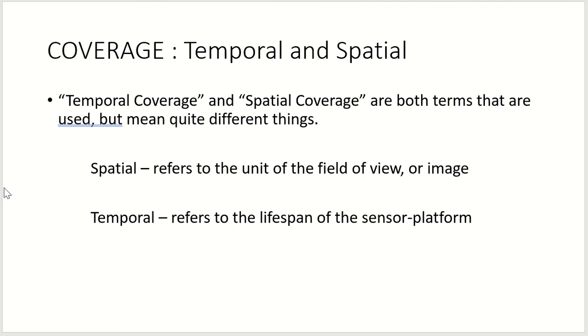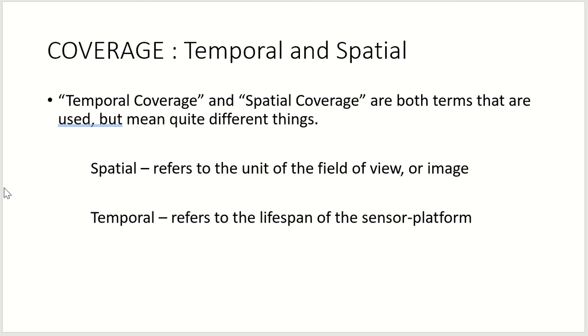We've seen with geostationary satellites that have an orbit that is in sync with the rotation of the Earth, those sensors are always capturing data from the same location on Earth. Other sensors that have a polar orbit are not necessarily capturing data at all latitudes.